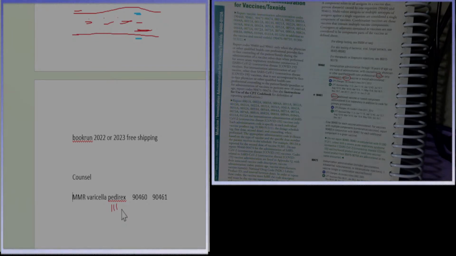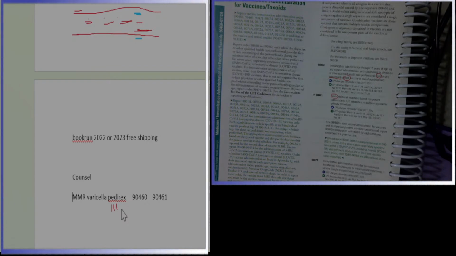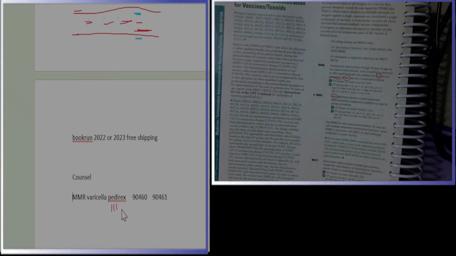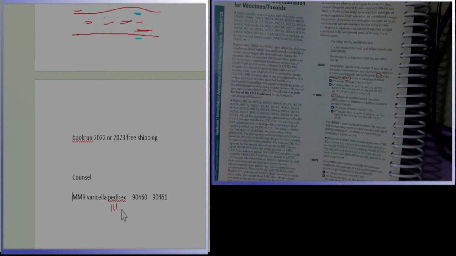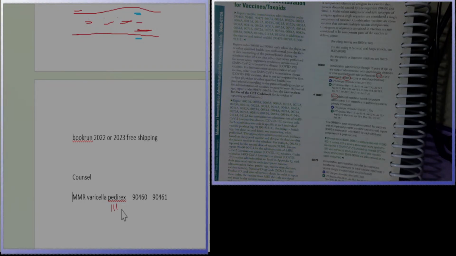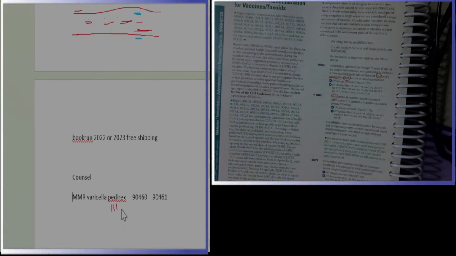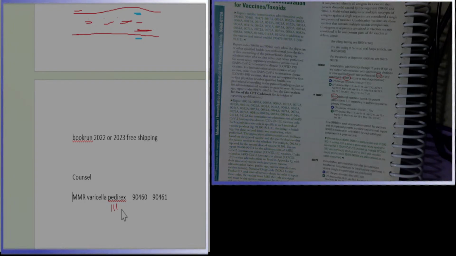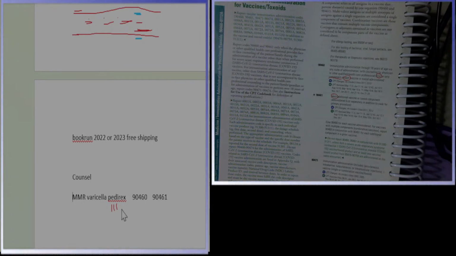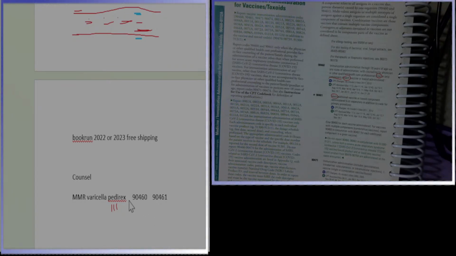No, not that one. Diphtheria, tetanus, pertussis, Hib, and hepatitis B. Good gracious.